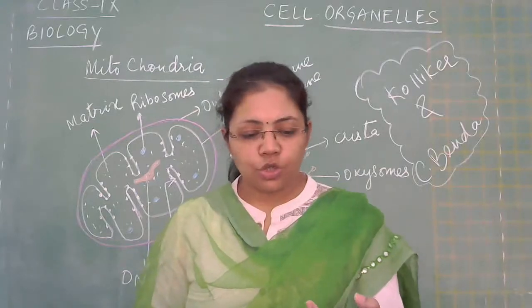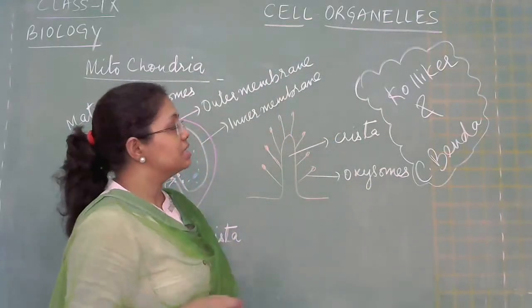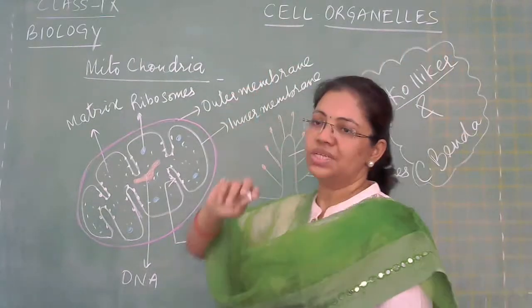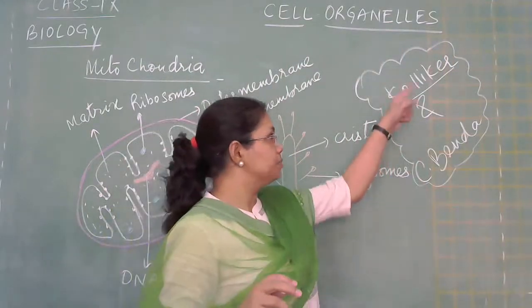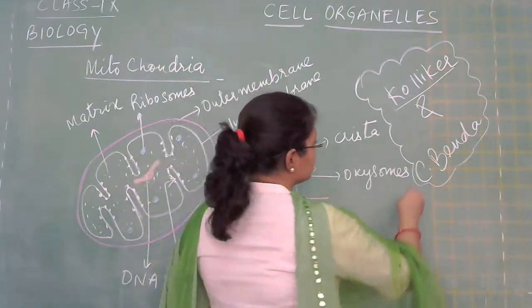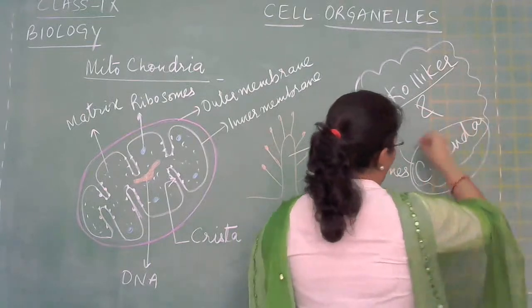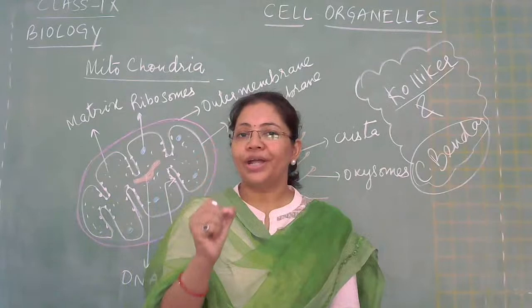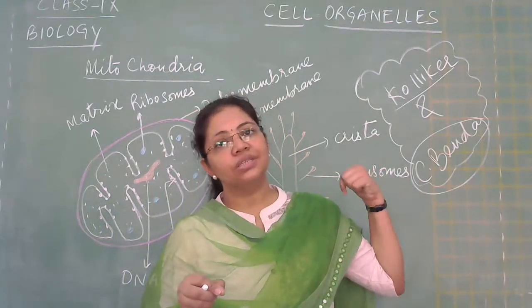So students, mitochondria was discovered by Kolliker. The scientist's name was Kolliker. It was discovered by Kolliker, and the biologist C. Benda coined the term mitochondria for this cell organelle.